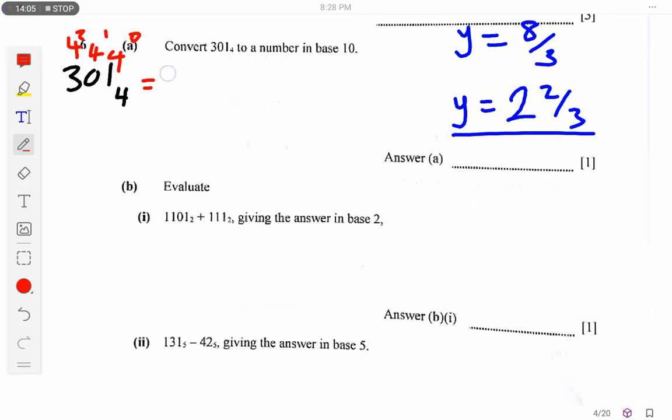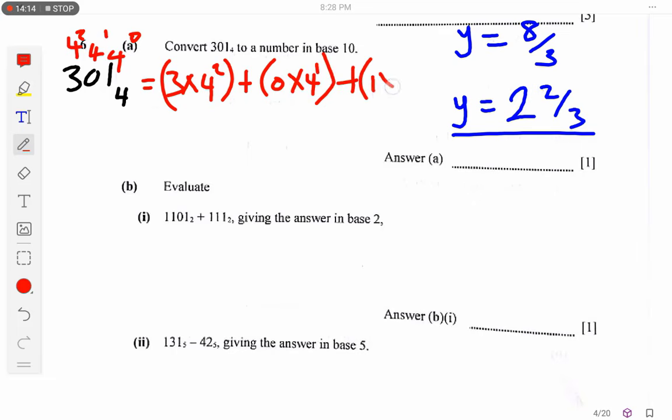So this is going to be equal to 3 times 4 to the power of 2 plus 0 times 4 to the power of 1 plus 1 times 4 to the power of 0. So this is 3 times 16, I'll get myself 48 there, plus 0 times that we get a 0, plus 1 times 4 to the power of 0, that's a 1 there. So my answer is going to be 49 base 10.